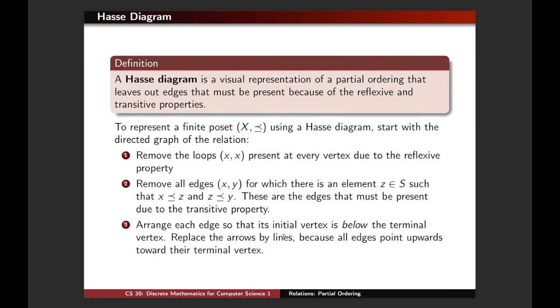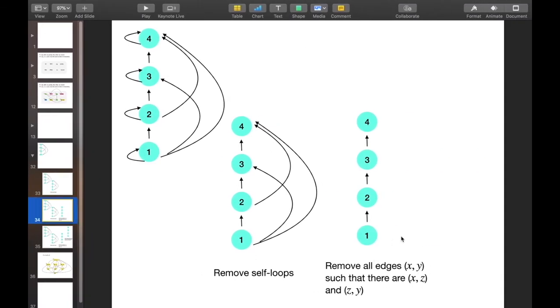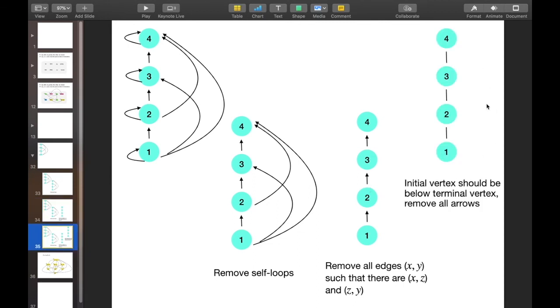So we only need to do this part, that is replace the arrows by lines because all edges point upwards toward their terminal vertex. So we only need to replace this by this, and then we're done. So this is the hash diagram of the less than or equal relation on numbers 1, 2, 3, and 4.